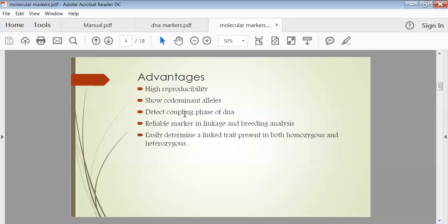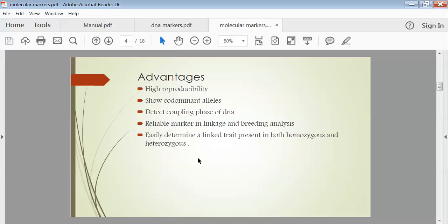Next, the advantage is high reproducibility. Codominant alleles, which is a very important thing, and it detects the coupling phase of DNA, when overlapping sequences are there. They are reliable markers in linkage and breeding analysis. In crop breeding, RFLP is utilized, and it easily determines the linked trait present in both homozygous and heterozygous forms.